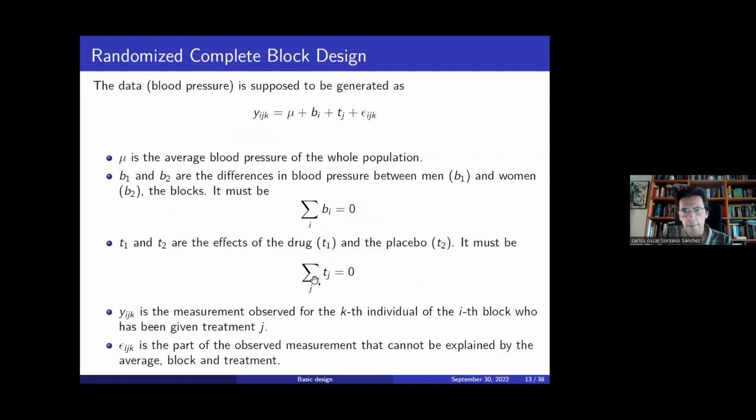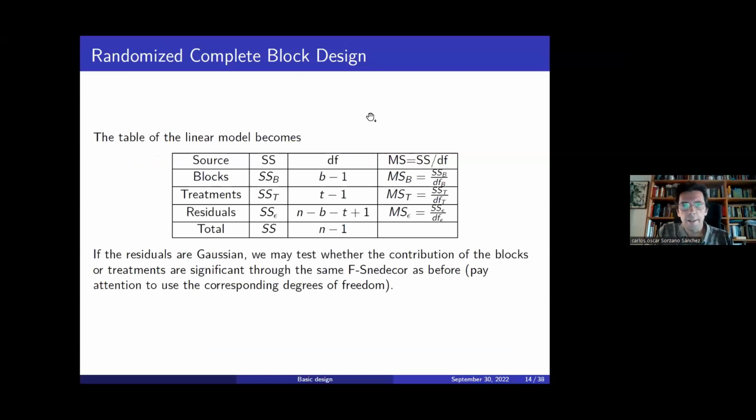Okay, and here I have modified my observation model so that now I have an overall mean plus something that depends on your block, plus something that depends on your treatment, plus something that depends on the specific person. And now in my ANOVA table, there will be a new line. This new line will account for the variability explained by the blocks.